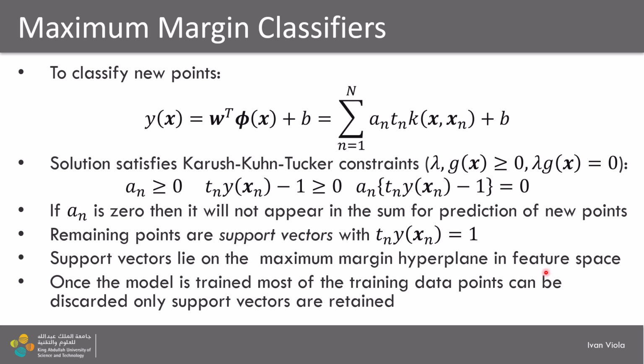And once the model is trained, we can discard most of the training data points and only use those points which are forming the support vectors, which are kind of holding this decision boundary and these maximal margins.